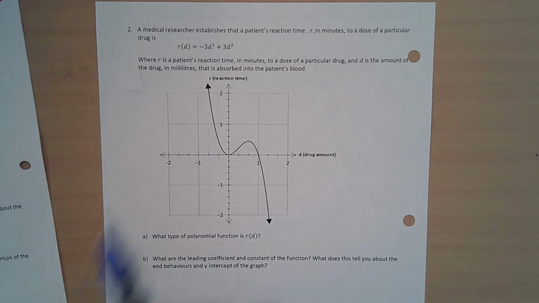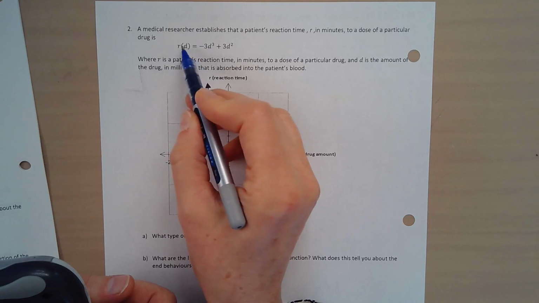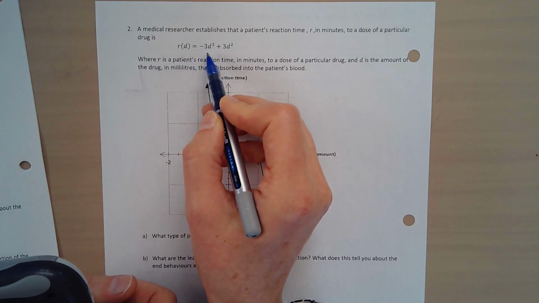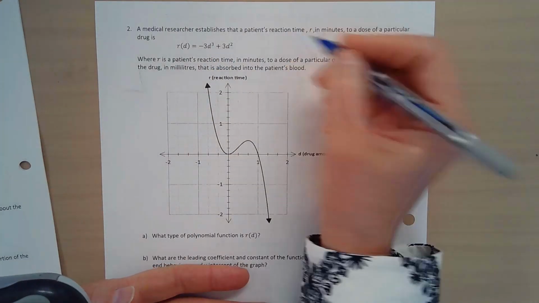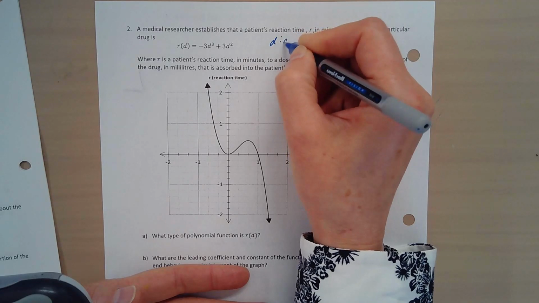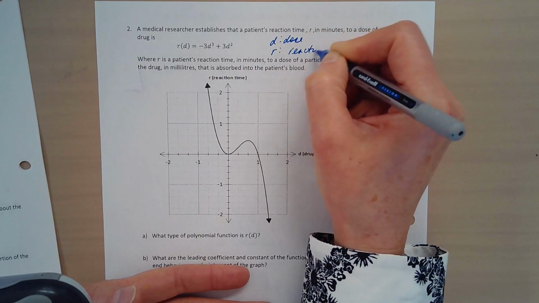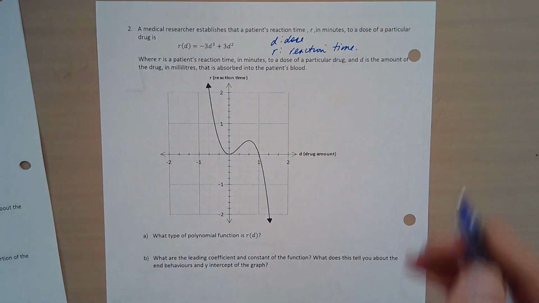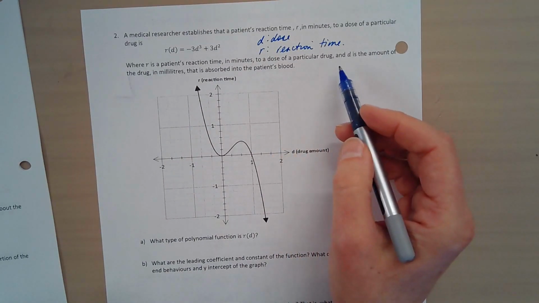So the reaction time R, when the value is D, is equal to negative 3D cubed plus 3D squared. And D stands for the dose, and R represents the reaction time. D is the amount of the drug, and R is the reaction time.